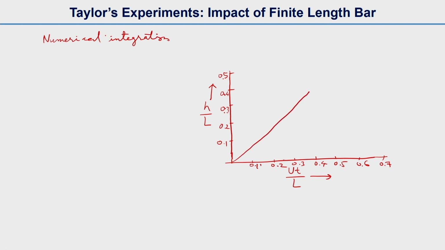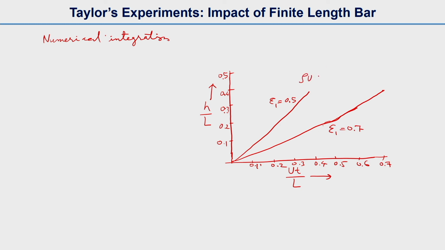So what will happen is this will look something like this. It's kind of a straight line, close to a straight line. So this one is for epsilon 1 equal to 0.5, and this one is for epsilon 1 equal to 0.7.